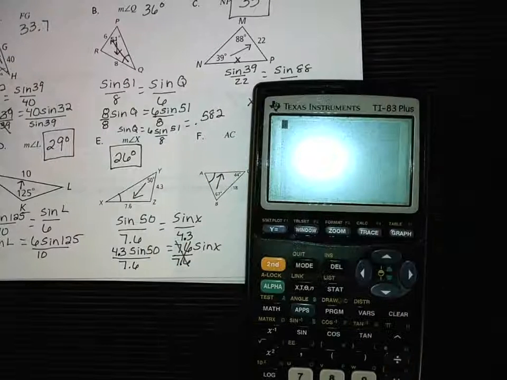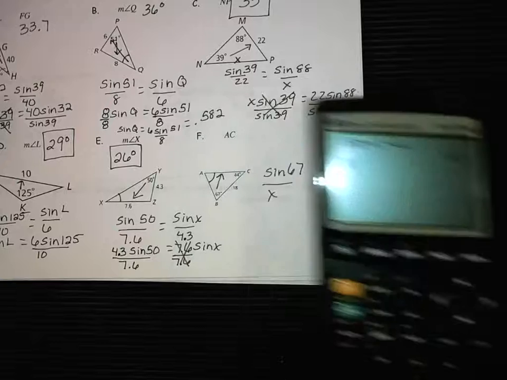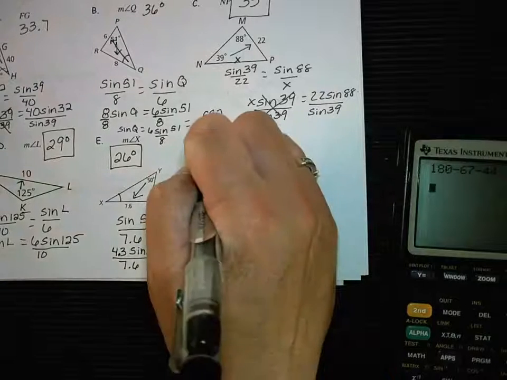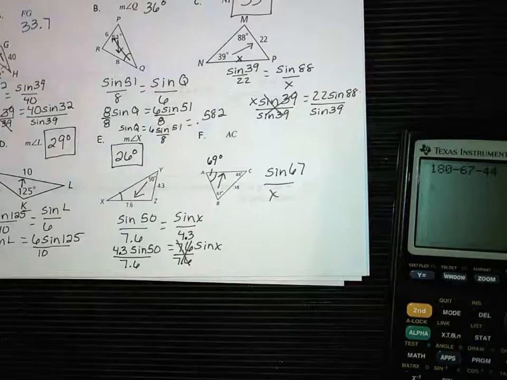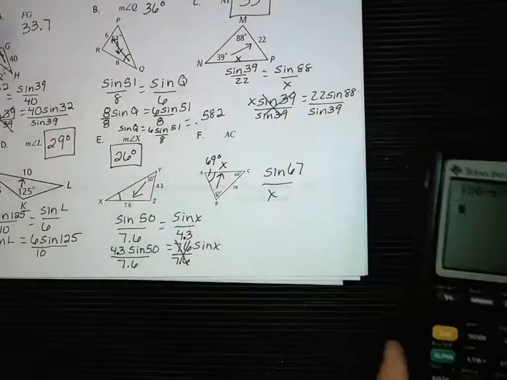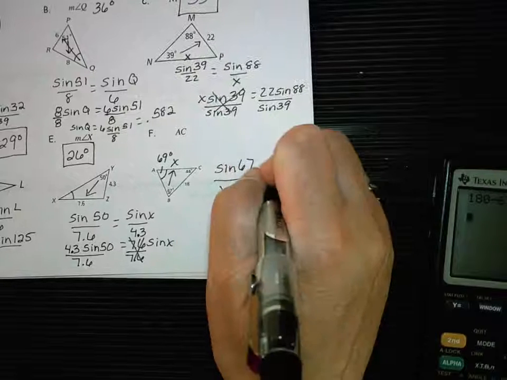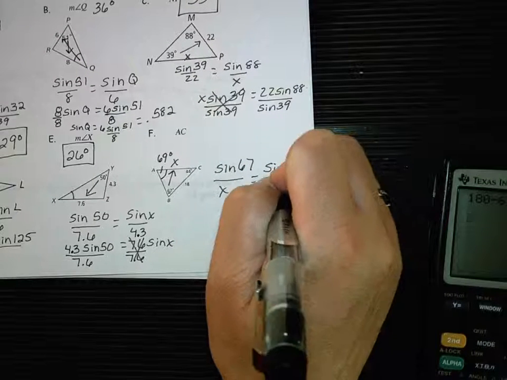And to figure out angle A, we're going to do 180 minus 67 minus 44, and this angle is 69 degrees. So then we have sine of 67 over x equals the sine of 69 over 18.